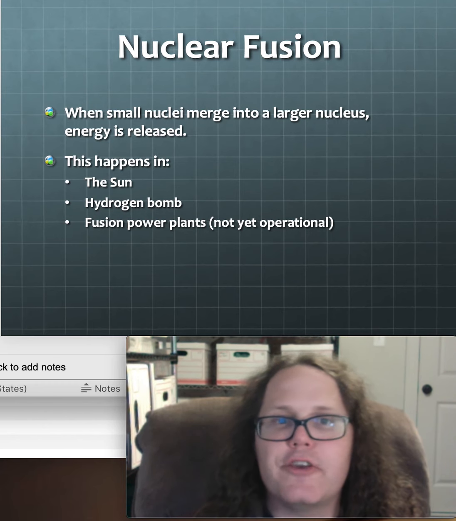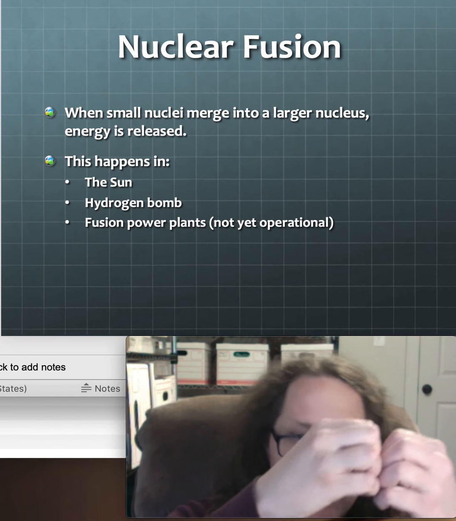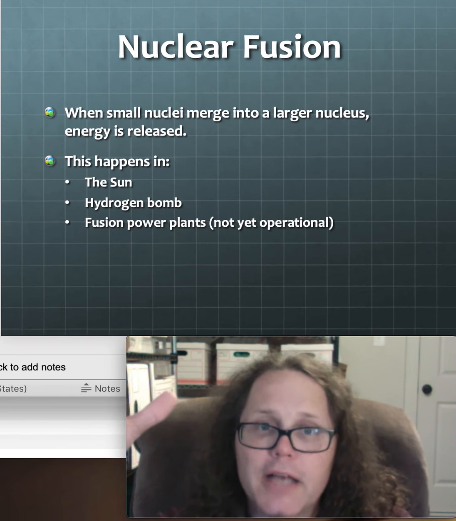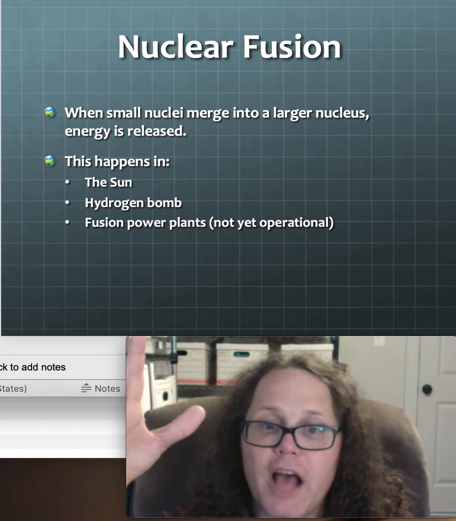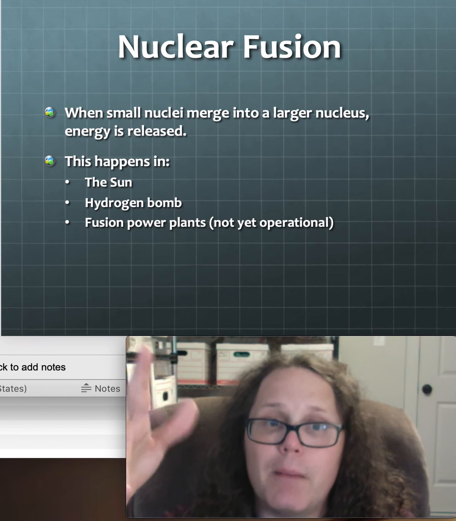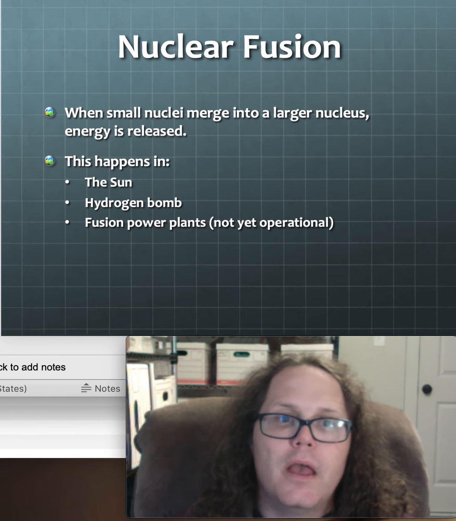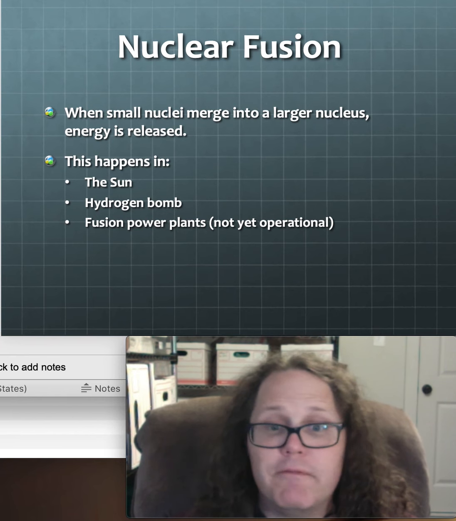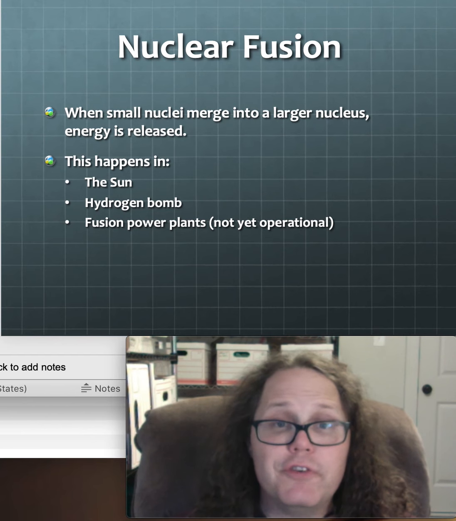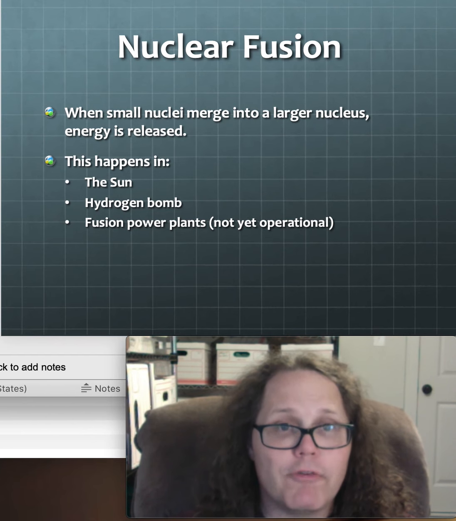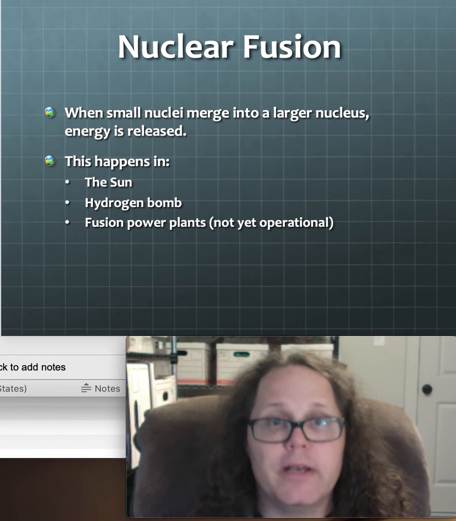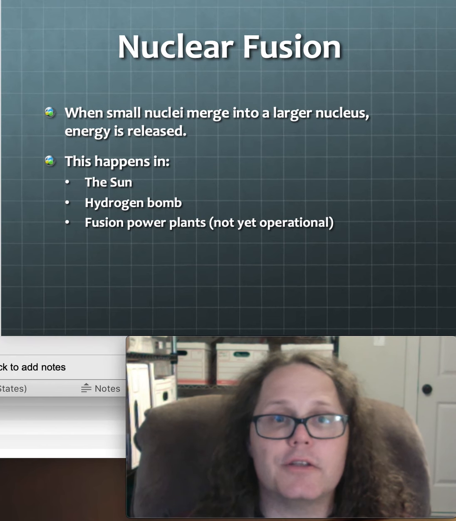Large nuclei, like uranium, release energy when they split apart. But small nuclei, like hydrogen, release energy the opposite way, by fusing together. As powerful as uranium fission is, hydrogen fusion is even more powerful. Hydrogen fusion powers the sun and nearly all stars.